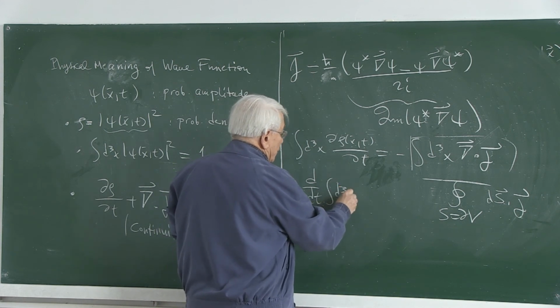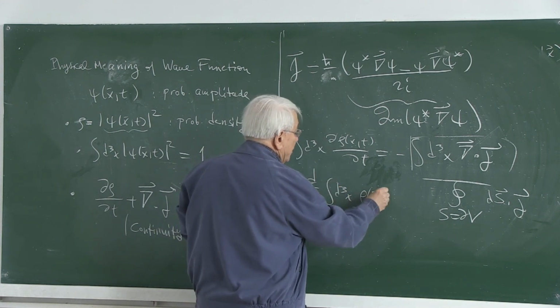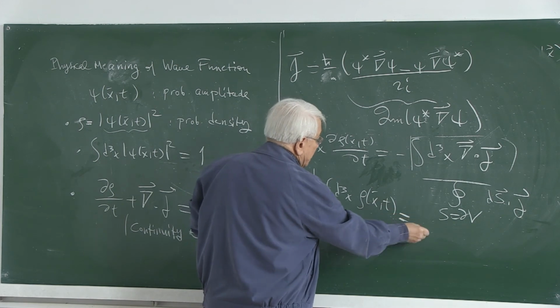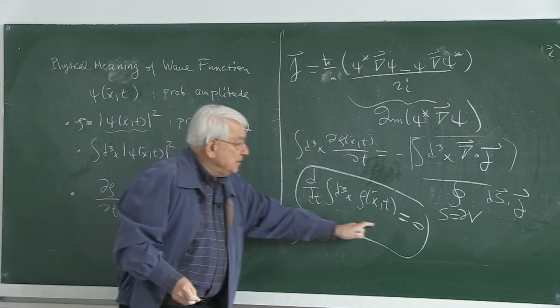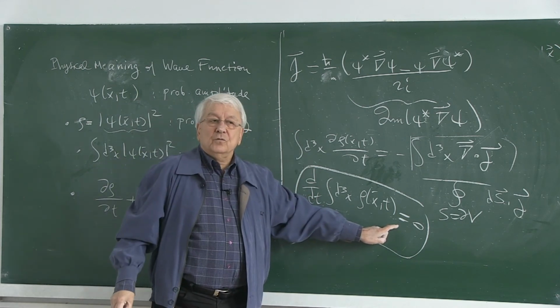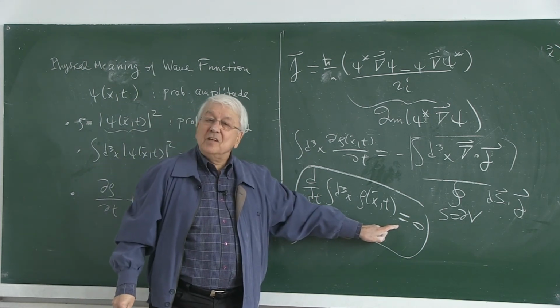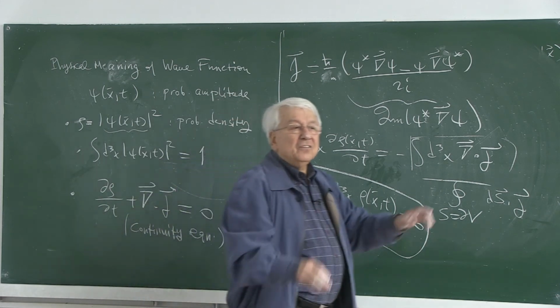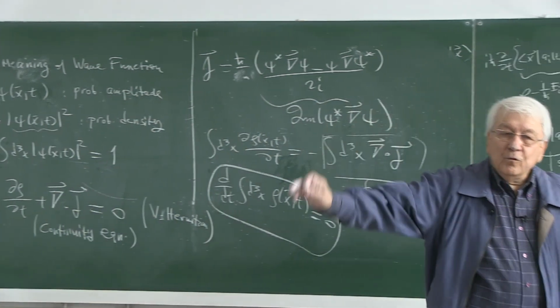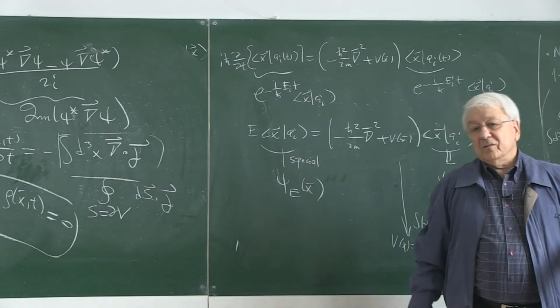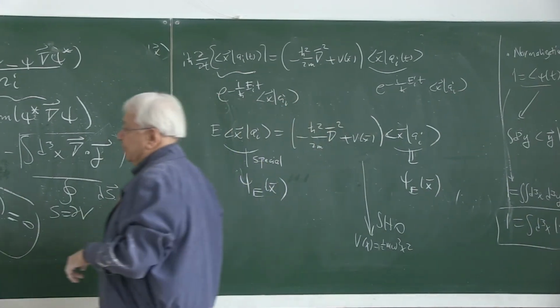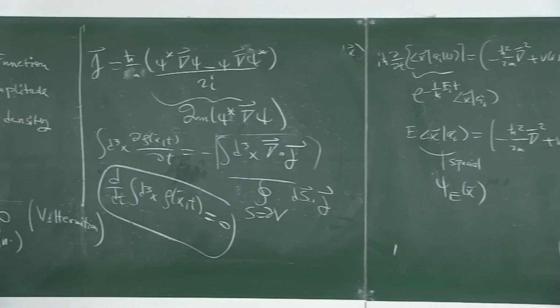You may get tired of my insistence on this straight and partial difference, but trust me, that's so important. d by dt of the integral of d cubed x psi mod squared is 0. So if you normalize it at the beginning, it stays normalized forever. Again, time evolution. I'm walking around the time evolution, and after the break, we'll jump into the path integral formulation. Okay, that's, I think, it for the time.